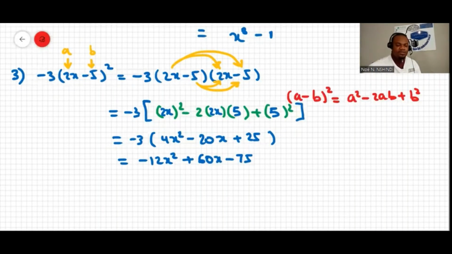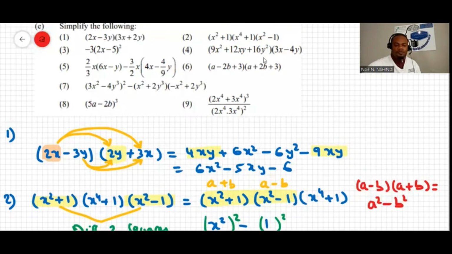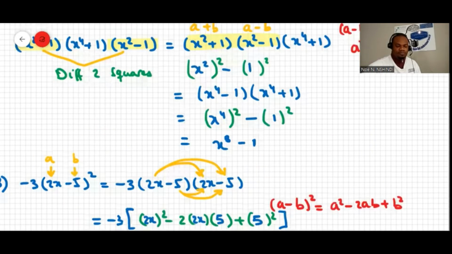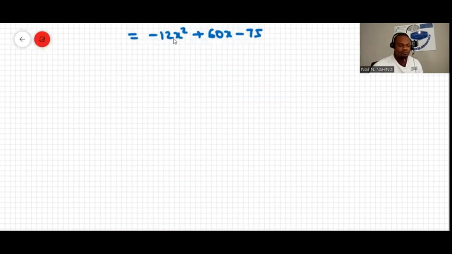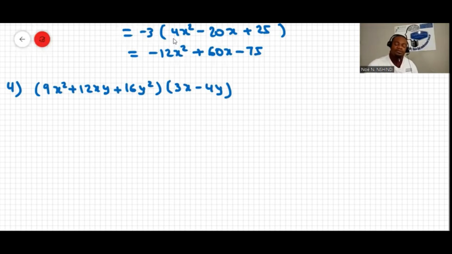Now let's see question 4. Question 4 is open bracket 9x squared plus 12xy plus 16y squared in the bracket, times 3x minus 4y.